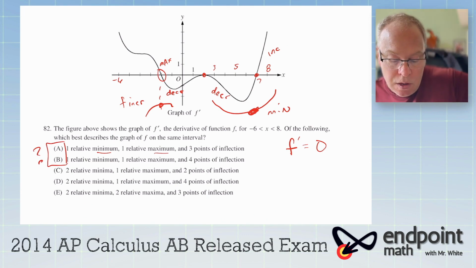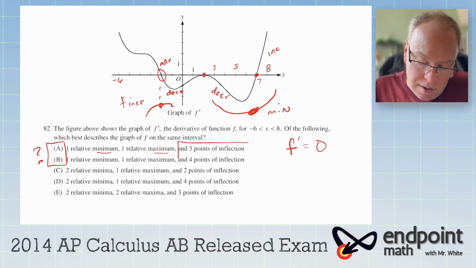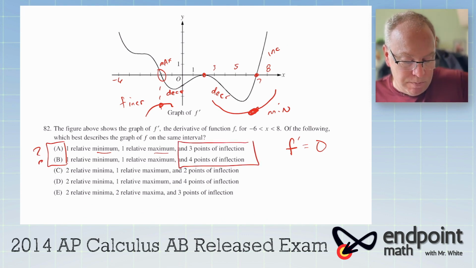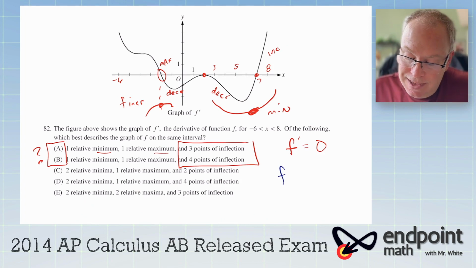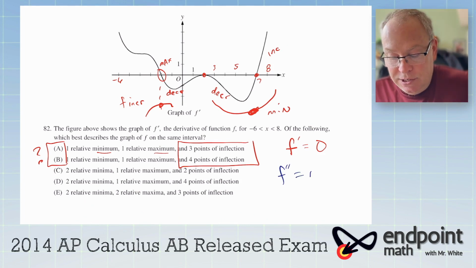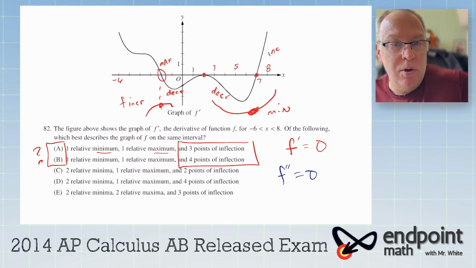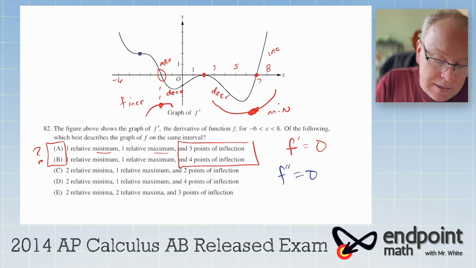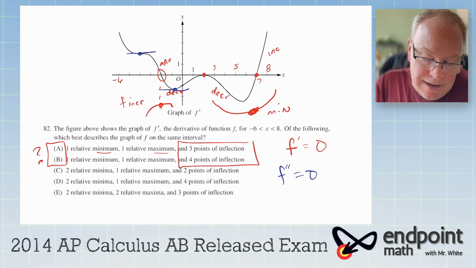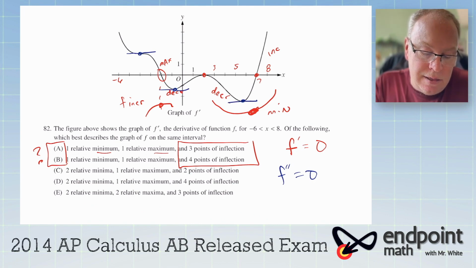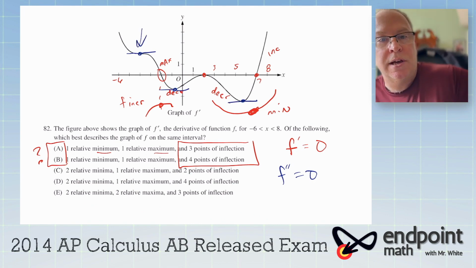Which is it? So the next part of this is inflection points. How do we find inflection points? Inflection points come from when that second derivative is either 0 or undefined. And I'm looking at this, it happens at 3 places, it looks like. Definitely here, definitely here. I think it looks like it goes horizontal here.